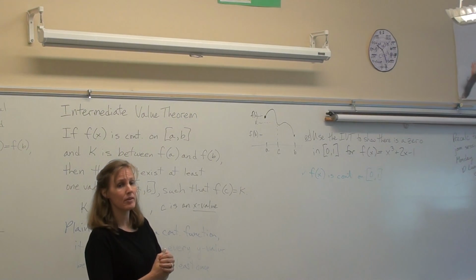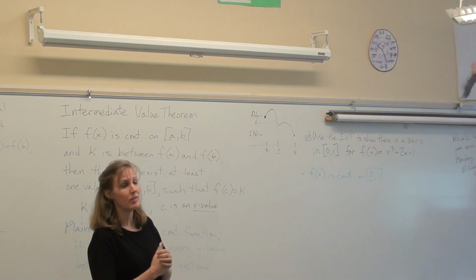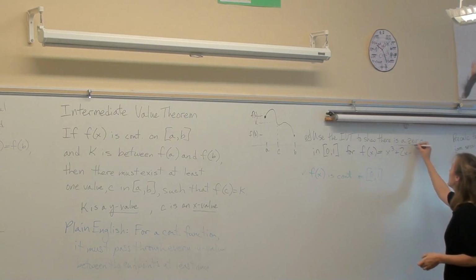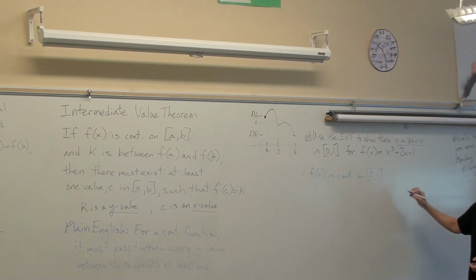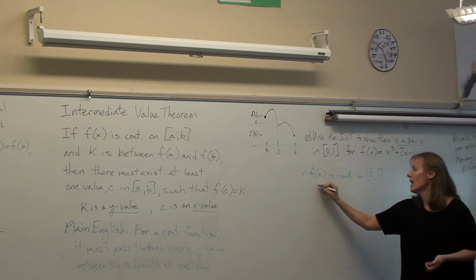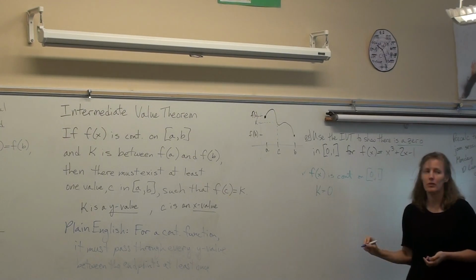K is a half? It's got to be given, you can't guess k. K is 0. When we want to show that there is a 0, that means that there has to be some spot, this is some cubic function, right? When we're talking about a 0, we're talking about a y value of 0, right? When it's on the x-axis, that's when our y value is 0. So our k for this problem is 0.